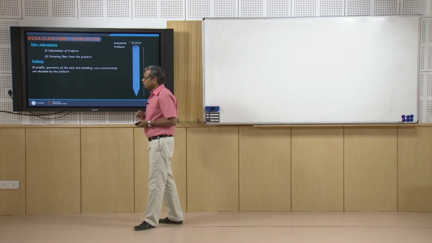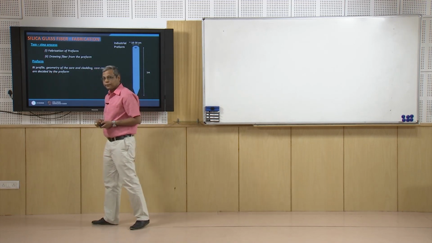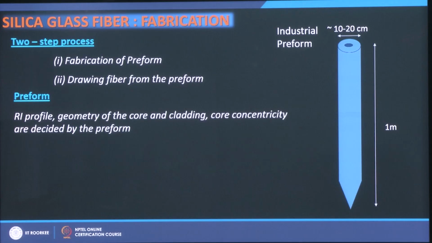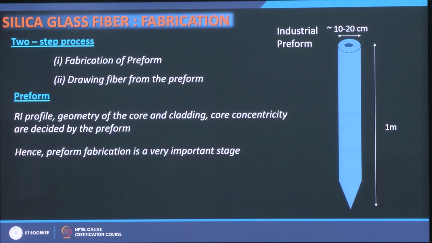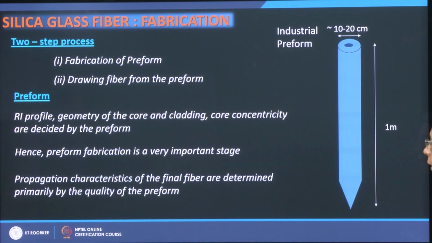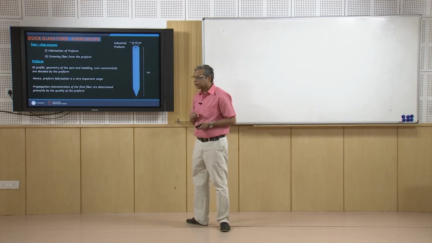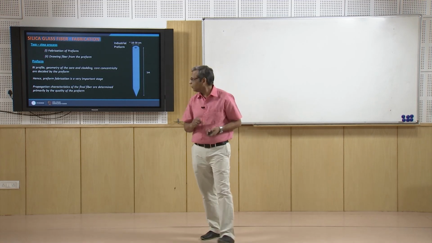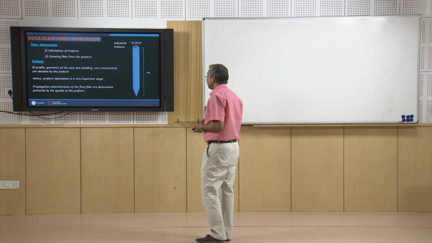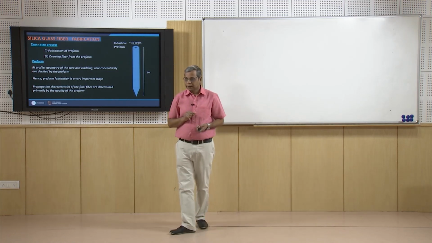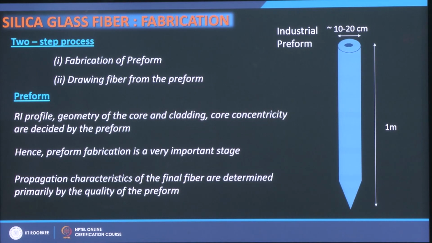In the fiber, the refractive index profile, geometry of the core and the cladding, core concentricity, all are decided by preform itself. So, preform fabrication is a very important stage, and the propagation characteristics of the final fiber are determined primarily by the quality of preform. So, we should take utmost care while making the preform.